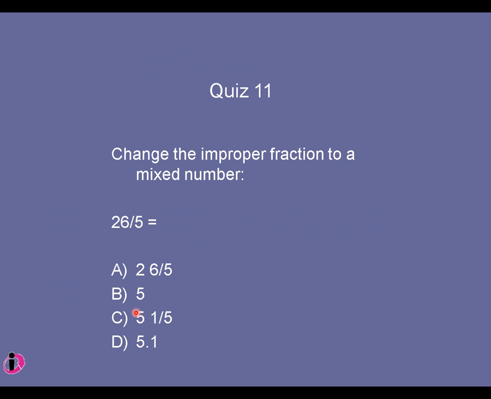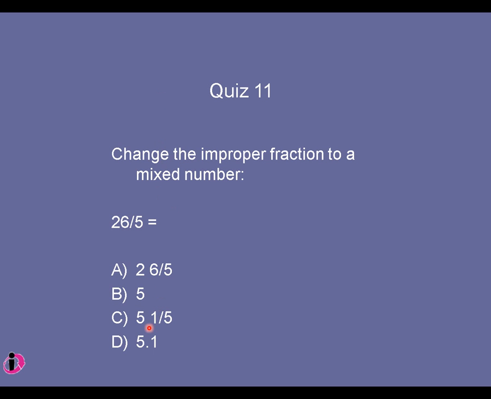Let's see whether we can do a little bit of these conversions. So we have an improper fraction here, right? Can we convert it to a mixed number? What would be the mixed number? Is this C? Because we divided just like how we did here. This is 5 times 5, 25.